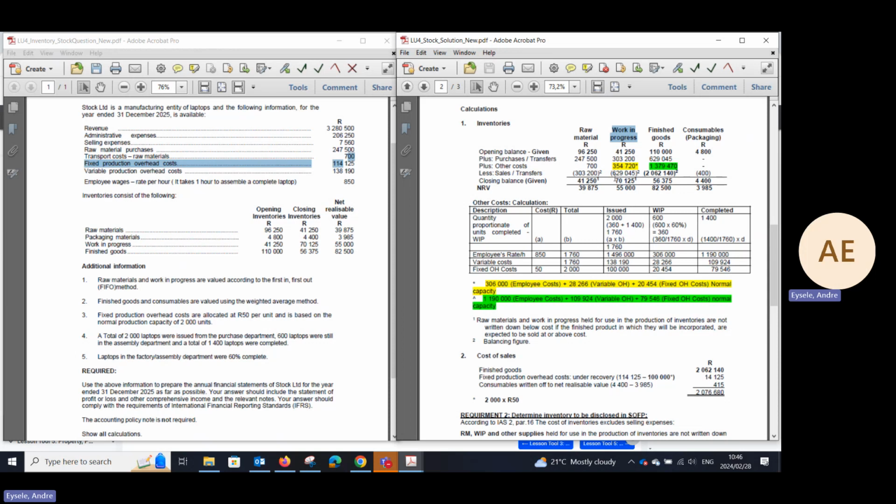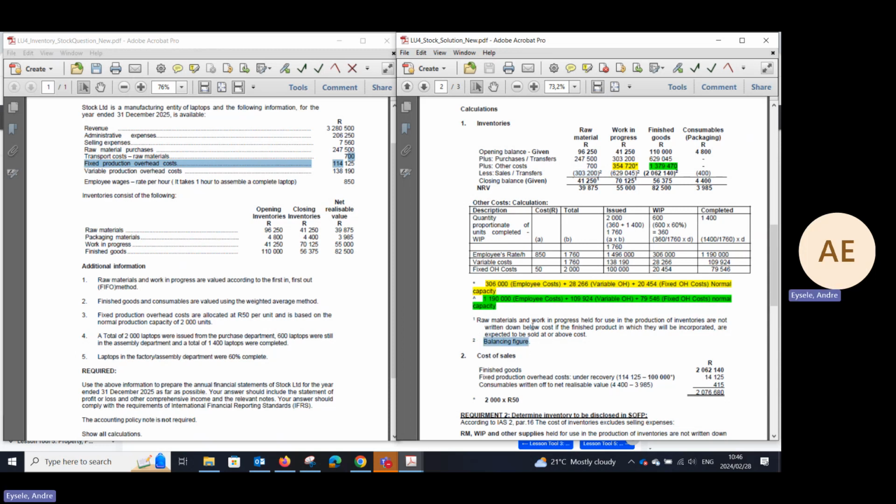And that is why you will see that this figure, 303,200, is the balancing figure. How do we get 303,200? Well, you say 96,250 plus 247,500 plus 700 less 41,250. That is the cost of raw materials that we need to transfer to the following department. Okay, and that is 303,200. That is the balancing figure as we indicated to you here.